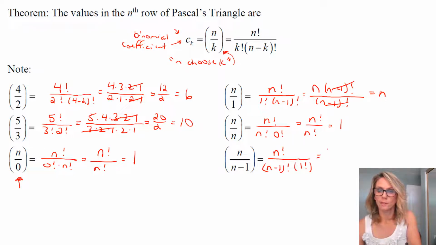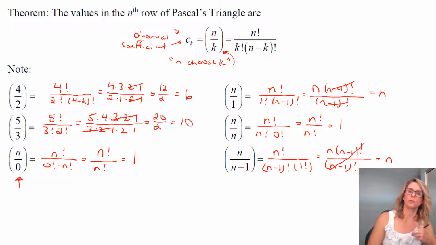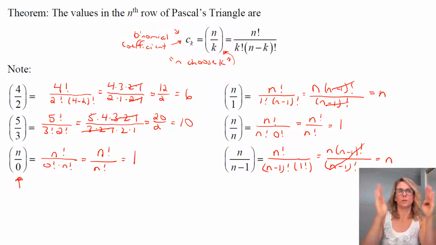So we have n times n minus 1 factorial. I do that so I can simplify it with the n minus 1 factorial in my denominator. And then that 1 factorial is just 1, so we just have n. So similar to what you have up at the top. These are the second terms in. That's how you should be thinking about that, your second terms in.